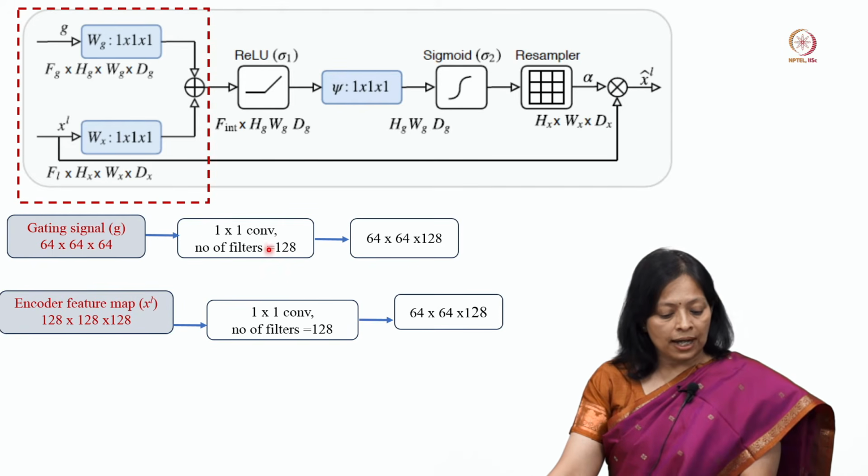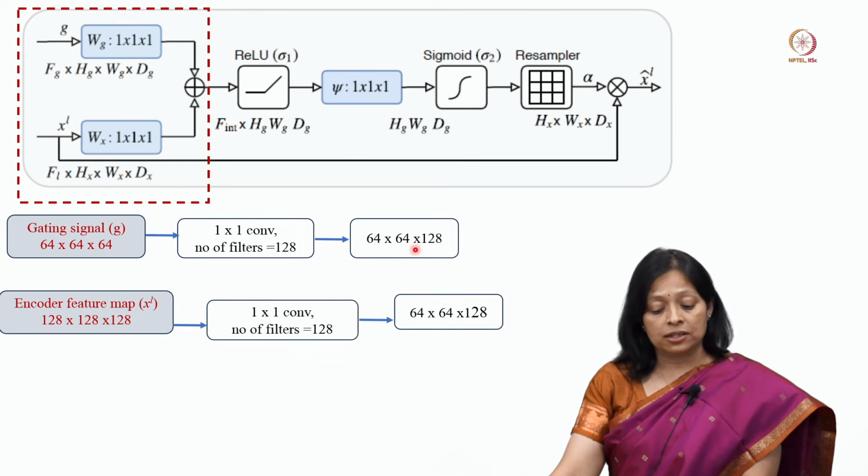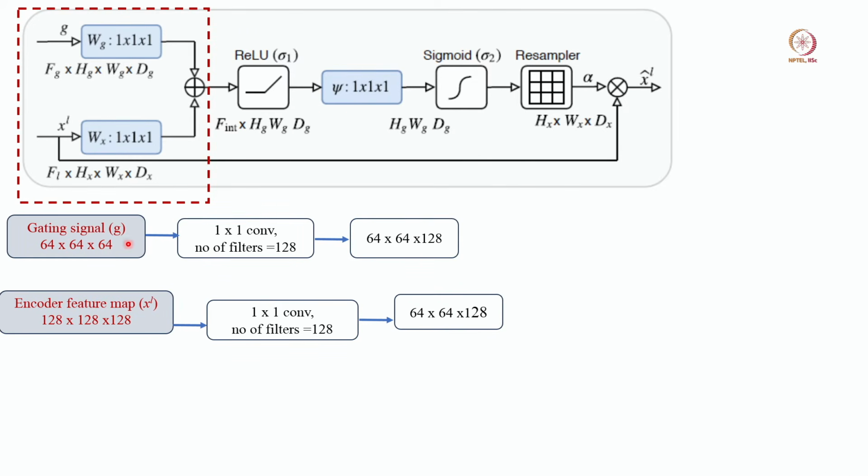And if we have 128 filters in both places, then the output feature map size is 64 cross 64 cross 128. Here also it is the same. Now, why do we want both of these to have the same dimensions? Because we want to do an element wise addition between the gating signal and the encoder feature map.